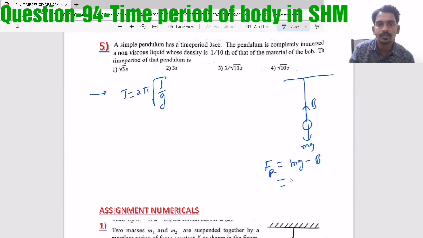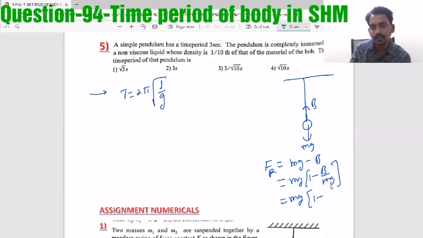So, mass means volume into density. Now mg, if you take common, 1 minus B by mg. Now buoyancy force means the total volume is inside, so volume into sigma into g, while mass is V rho.